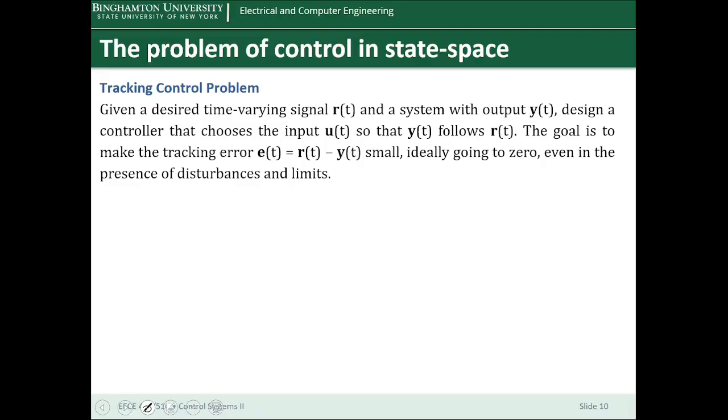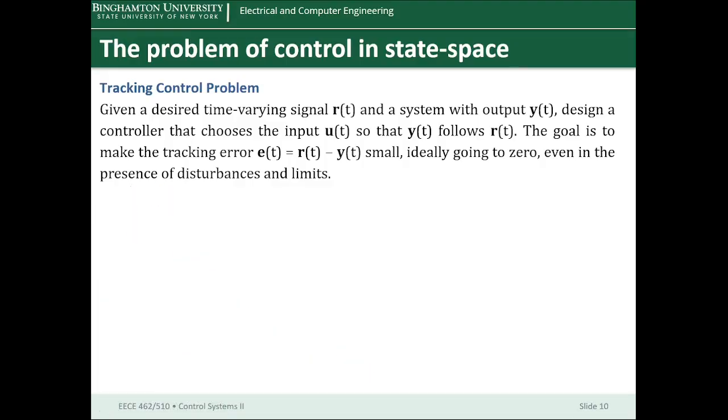For example, here, this is r of t, and you want your output y(t) to follow this reference signal. This is y of t. You want to design the control such that y of t tracks r of t.